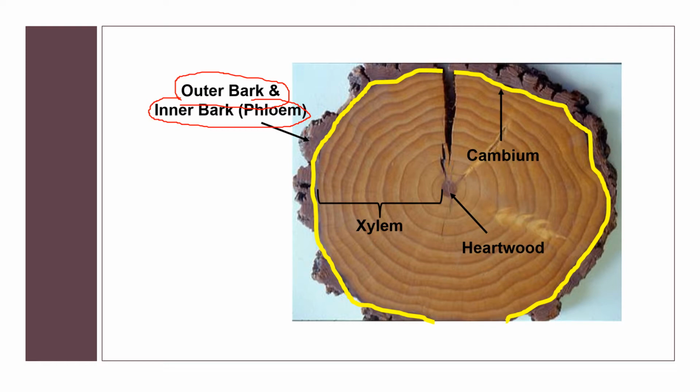The next is this yellow line here. This is your cambium cell layer, immediately after the inner bark or the phloem. The cambium layer is thin and usually slimy.